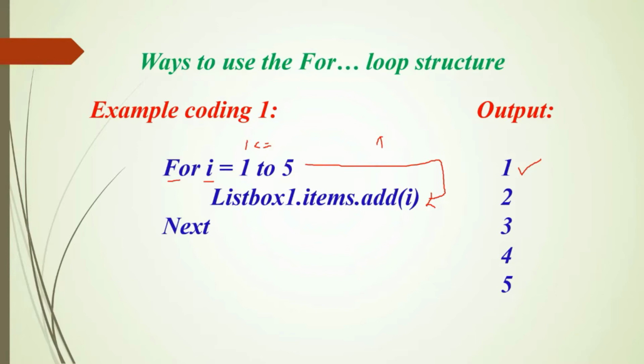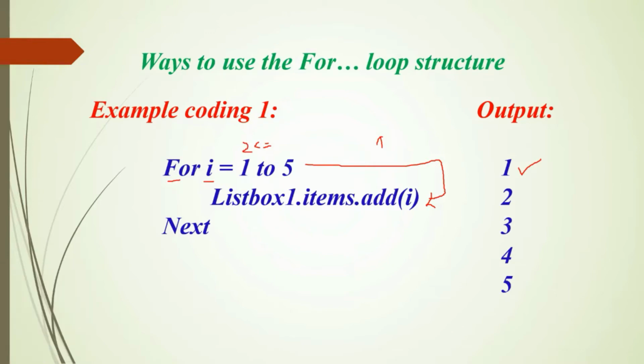Next, the control transfers to the statement Next. The function of the Next statement is to increment the value of I. So what is the value of I now? It is incremented by 1, so 1 plus 1 is 2.